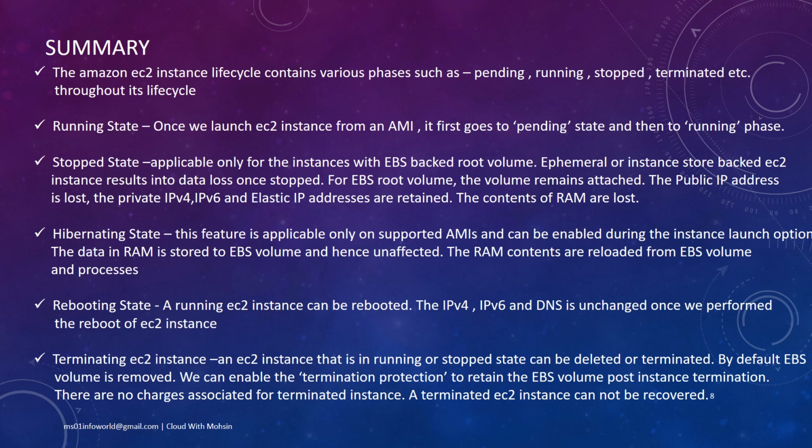There is a button there, and we can select it, even during the launch operation, so that the volume will be retained even after the instance has been deleted. There are no charges associated with a terminated EC2 instance, and once an EC2 instance has been terminated, there is no way that we can recover it.